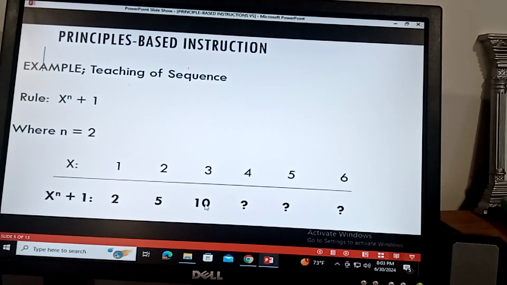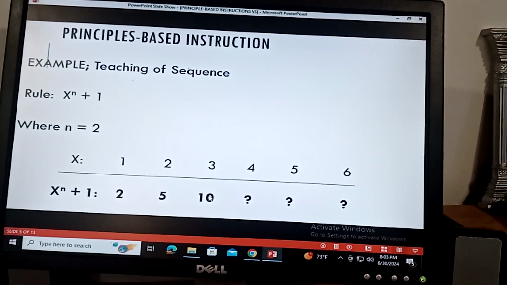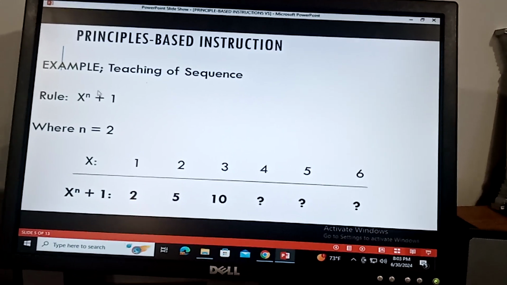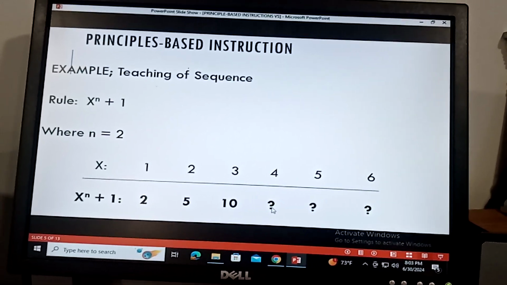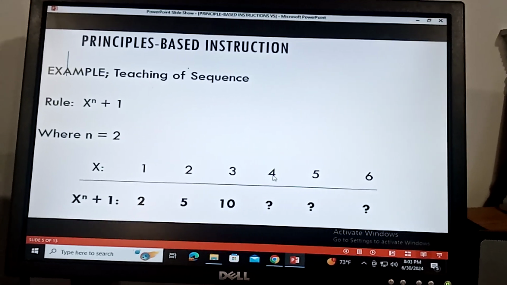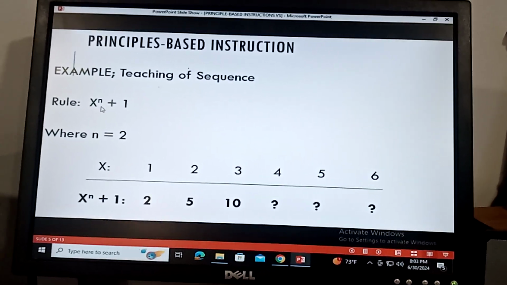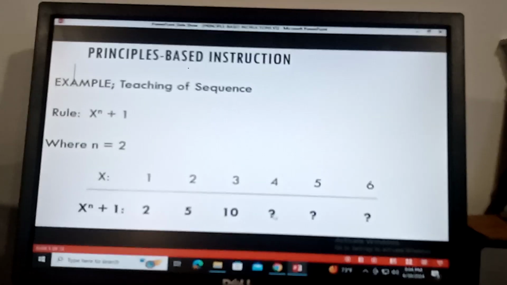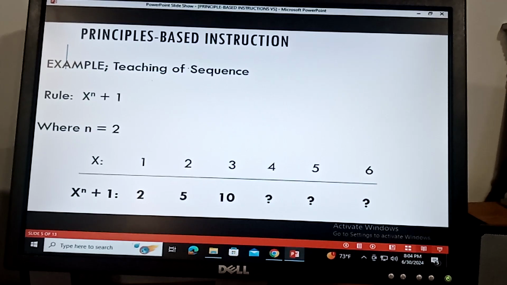Now, the child will understand that this is a pattern. You cannot continue this table without using the rule here. So in order to get the value for when x is 4, you say 4 raised to the power 2 is 16, plus 1. Then that means the value here will be 17.